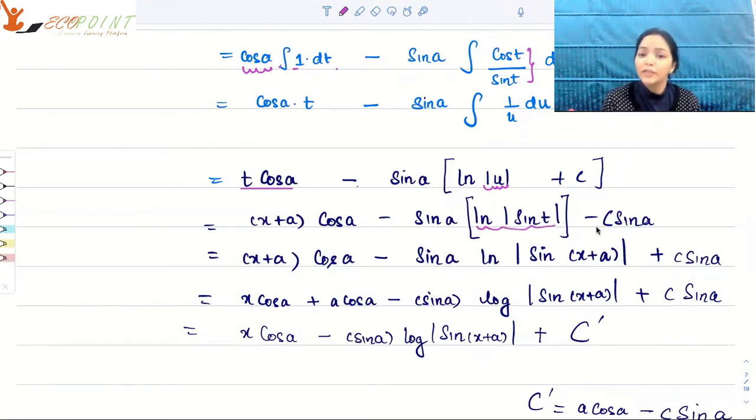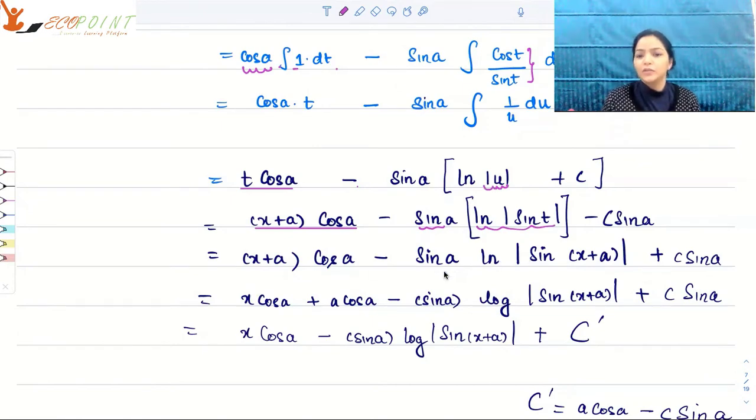Now you have everything in t. Now t was x plus a, so please substitute that here. So you have x plus a cos a minus sine a times log mod sine t minus c times sine a, because sine a was multiplied by the entire integral. So constant is also a part of it.